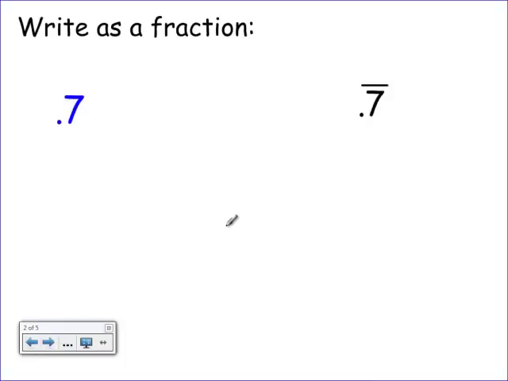All right, so we're going to start off easy in this chapter. And we're going to have you turn decimals, dirty decimals, into friendly fractions.